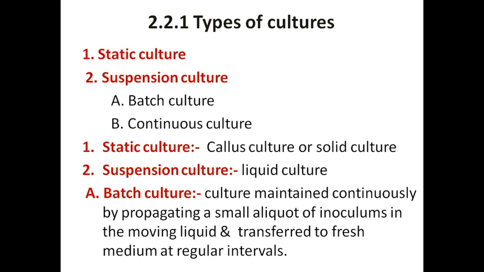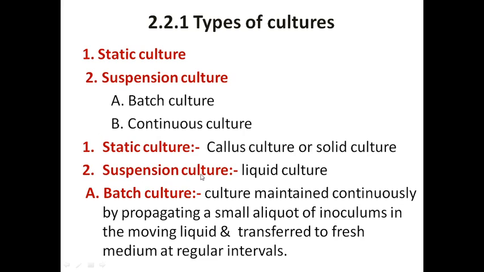So students, next I am focusing here on the suspension culture. Suspension culture is also called a liquid culture. Okay, it is popularly known as a liquid culture, and what is a static culture? It is called the solid culture or callus culture, remember that. Okay, an MCQ arises.